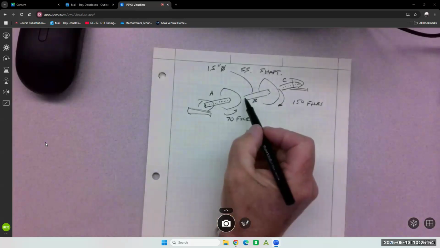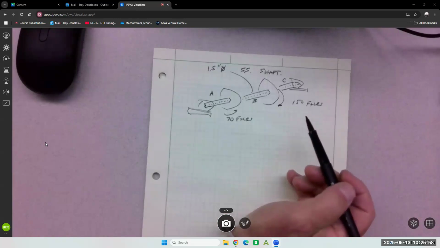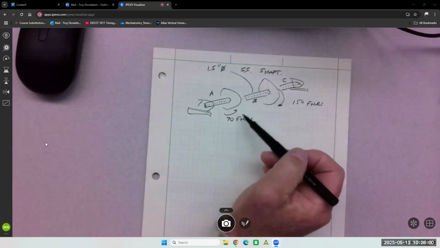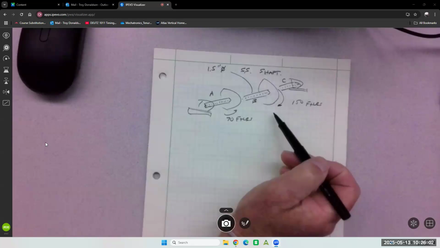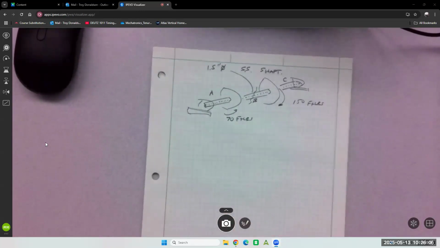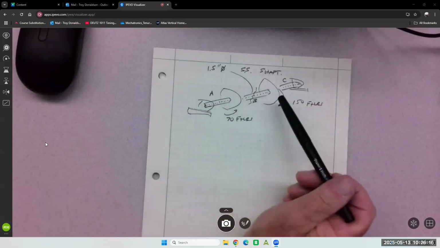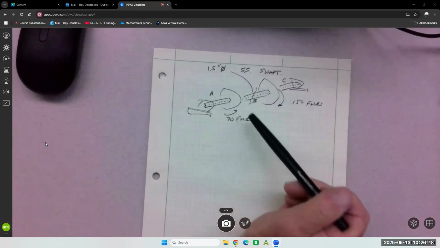And then what's happening in here, in this B section? Yeah, so that's where we get the torsion. We have 70 going this way, 150 going this way. If I split it, then what's it gonna feel? Like if I just section it, right? It's gonna feel the difference between this 150 and the 70.